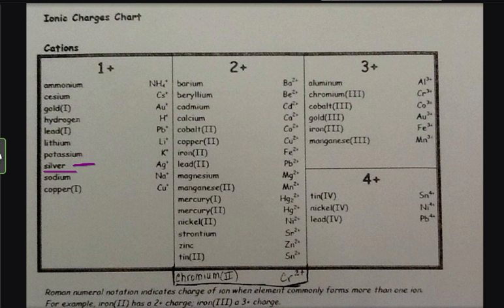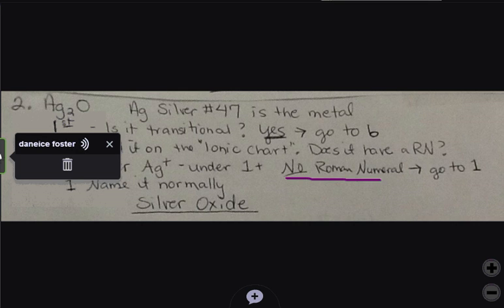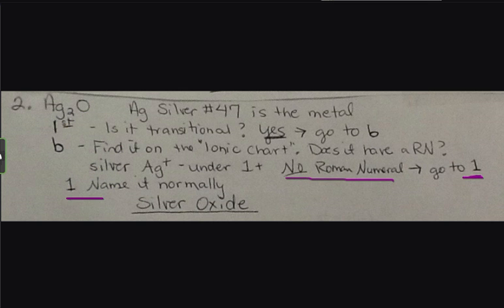And there is no Roman numeral. So no Roman numeral, we go to little number 1. What do we do? Name it normally. Take the metal, silver, add IDE to oxygen, so it changes to oxide, and there is our answer.